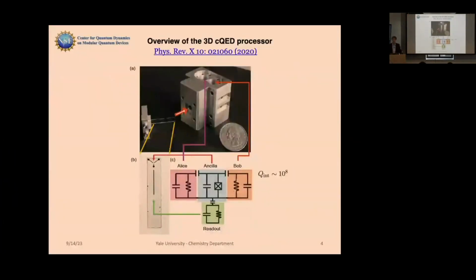So the whole idea of this project and this Center for Quantum Dynamics started a few years ago when we published this work on demonstrating that we could use this quantum processor, which is very simple. It's two cavities in a solid piece of aluminum. That is, the two cavities are empty, and over there you can put photons.